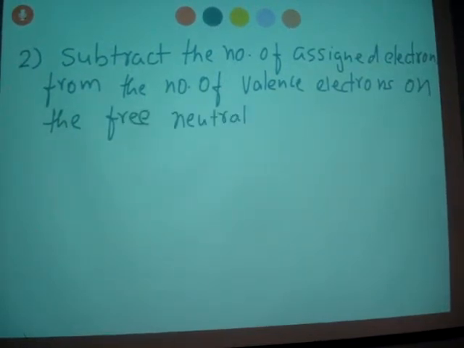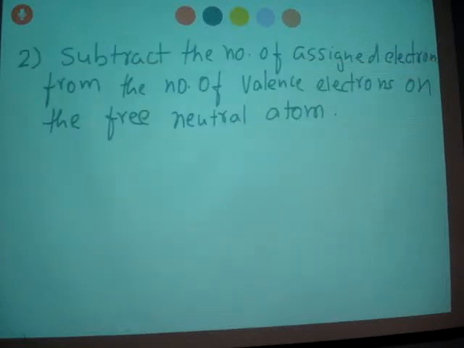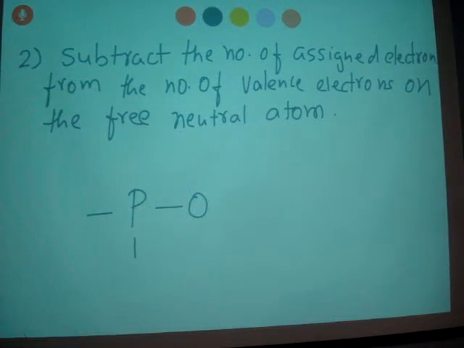There is no lone pair on phosphorus. So again, we can write the Lewis dot structure of POCl3 and follow these steps. On phosphorus, first tell me how many valence electrons are on a neutral phosphorus.